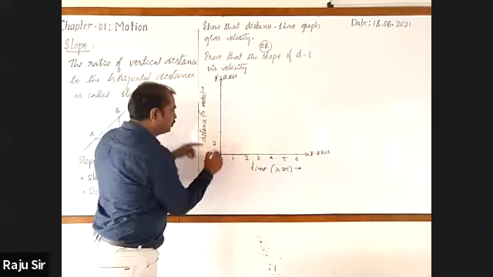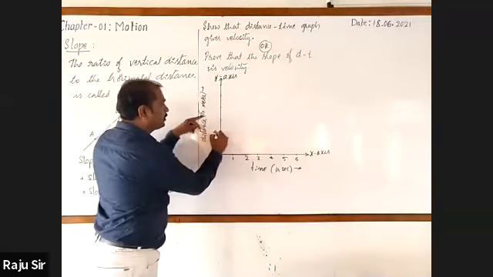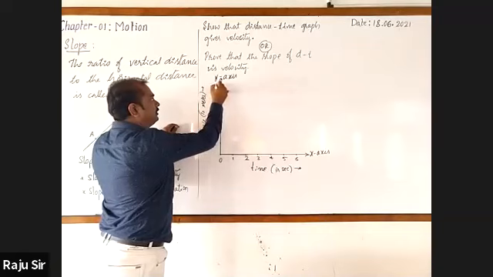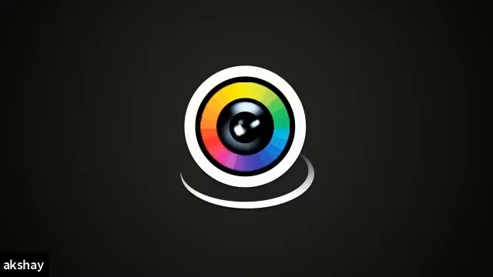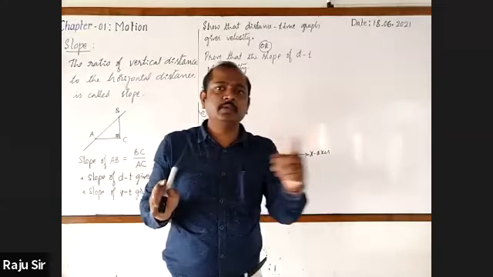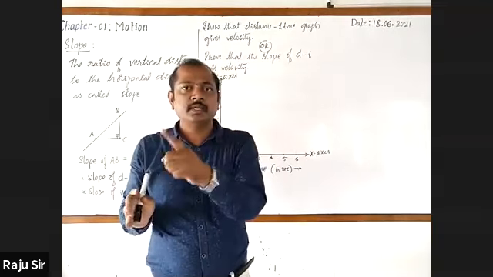It is 2 meter, 4 meter, 6 meter, 8 meter, 10 meter, 12 meter. Now I'm going to consider a body moving with uniform motion, which means it covers equal distances in equal intervals of time.